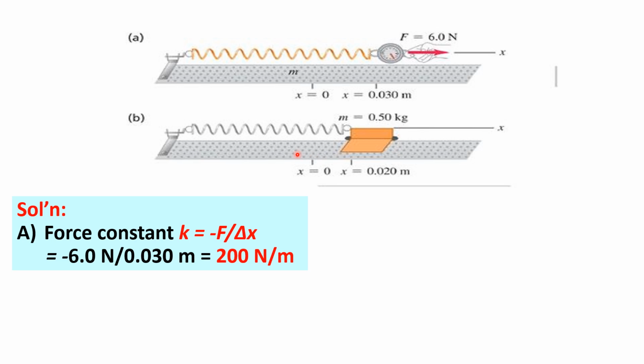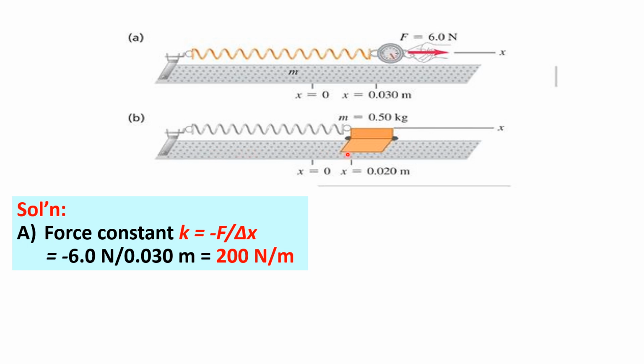And then somewhere to the left of the rest position, the glider will stop momentarily, and then it will again move to the right and then overshoot again as it continues to move to the right.